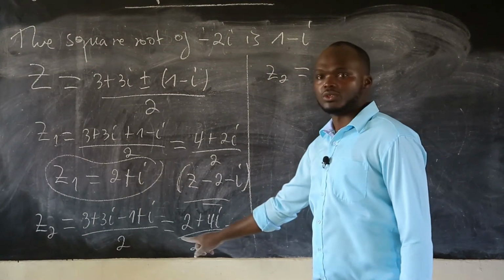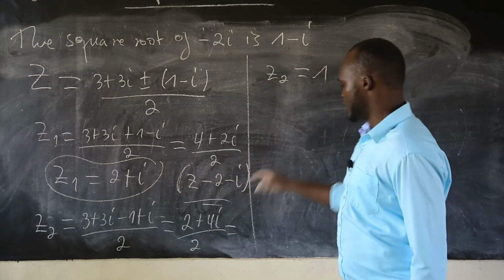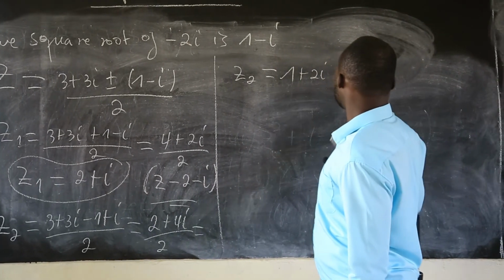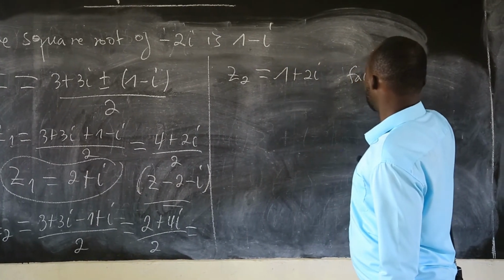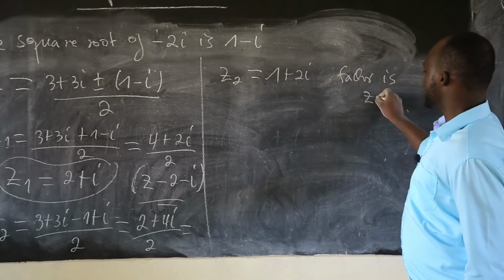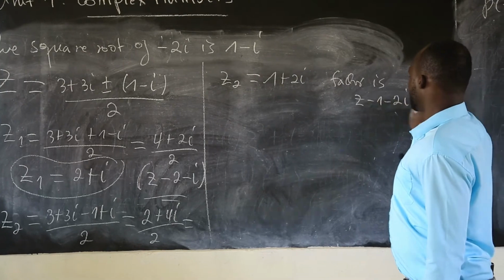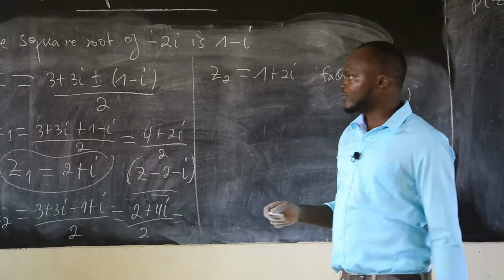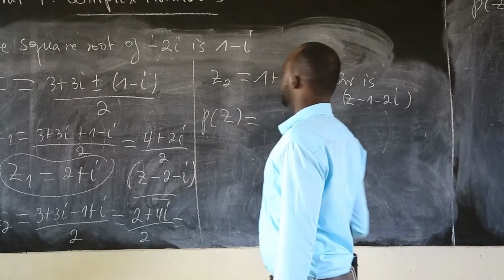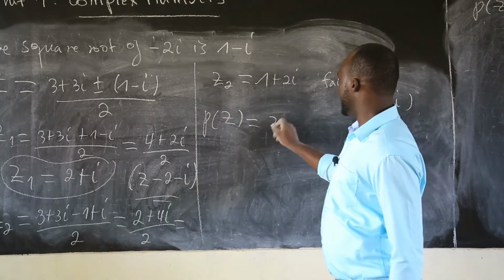The answer is 1 plus 2i. So the factor, that is the root, our factor is z minus 1 minus 2i. That's the factor.